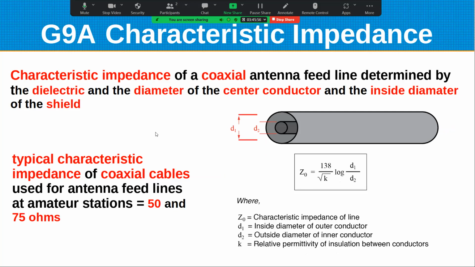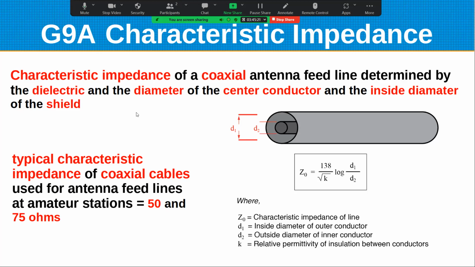Coax is similar, but its characteristic impedance is determined by the diameter of the center conductor and the inside diameter of the shield. So you've got the distance between them basically embedded in that equation. And if you notice, I didn't talk about this one, but the only difference is a factor of 2 in this formula on whether it's coax or twin lead.